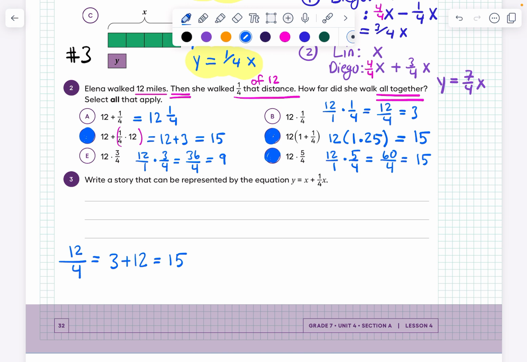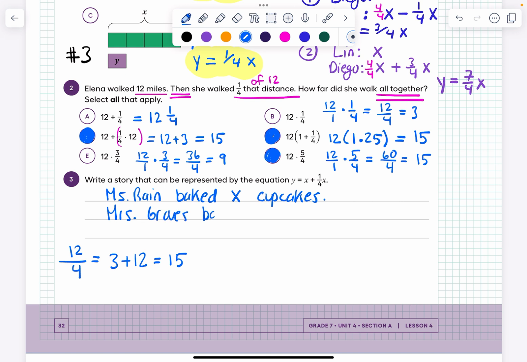We could talk about basketball hoops, goals, cupcakes, etc. I'll say Miss Rain baked x cupcakes, and Mrs. Groves baked 1/4 more than that.